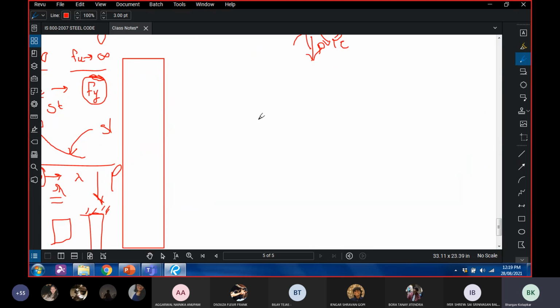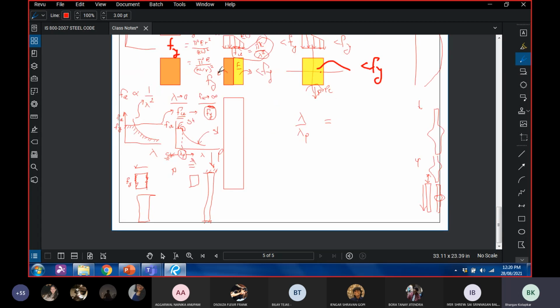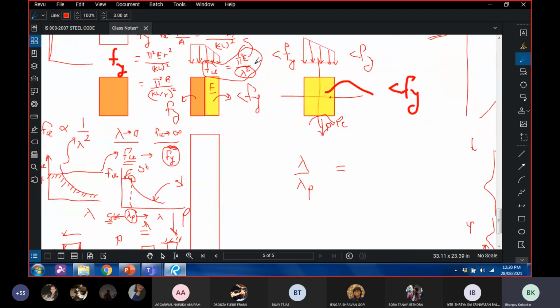Okay. So we want to normalize this curve, meaning that now we want to divide lambda by lambda p. So what is lambda? If we look at this formula, lambda is the square root of pi square E upon Fy, because this is lambda square.